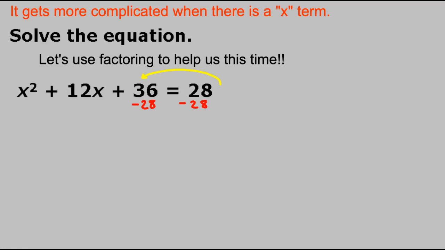And then we set it equal to 0, and in this case, we're not missing any x term. So we're left with x squared plus 12x plus 8 equals 0. And then I'm thinking, okay, does that factor? And it doesn't factor, so now we're kind of stuck at this point. We don't have any method that we've learned to deal with this.